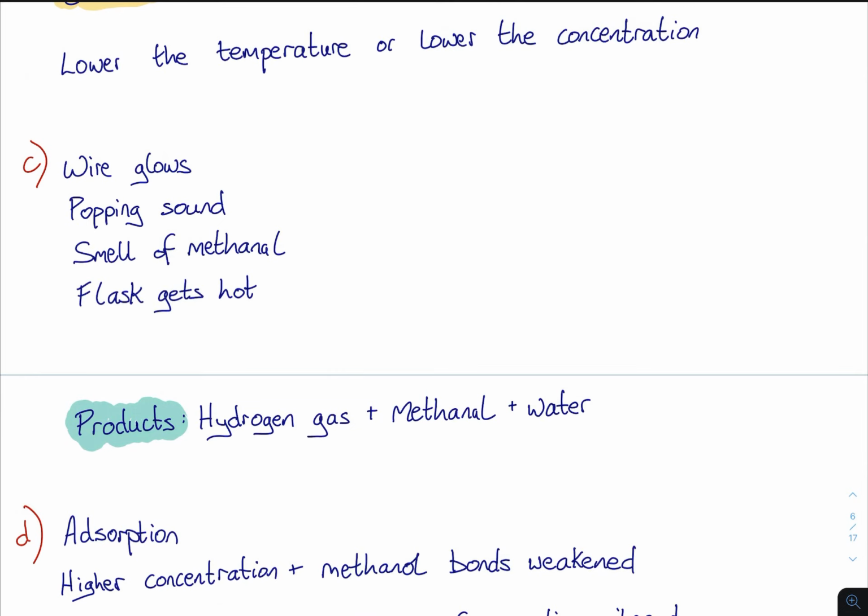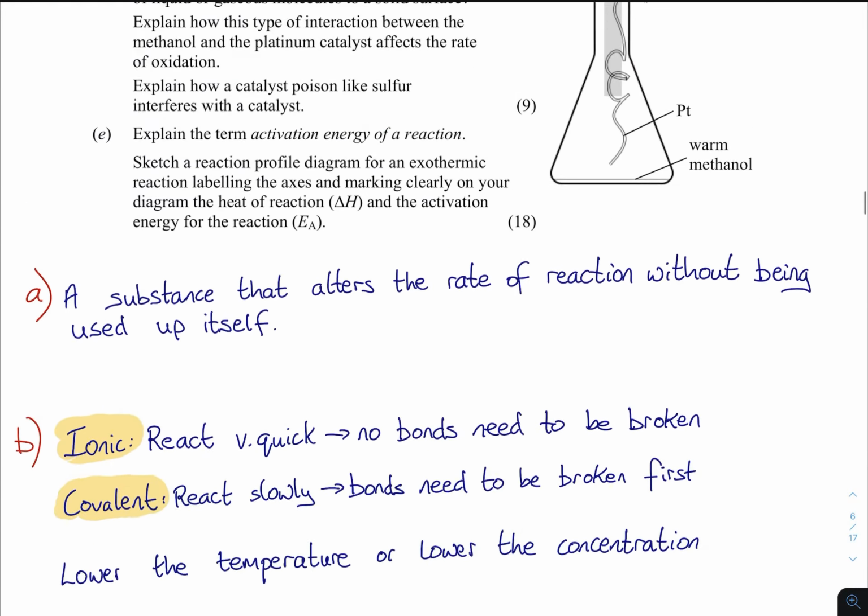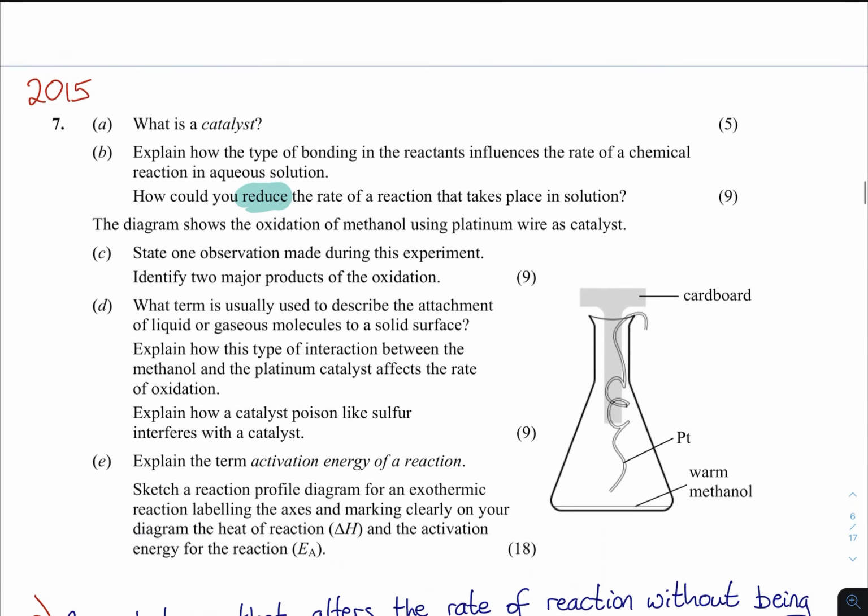There is now a higher concentration, okay, and then your methanol bonds become weakened, because it's covalent bonds, to form methanal eventually by oxidation. So you need to say higher concentration and the methanol bonds are weakened. Probably an unfair question, really, the way it was phrased.